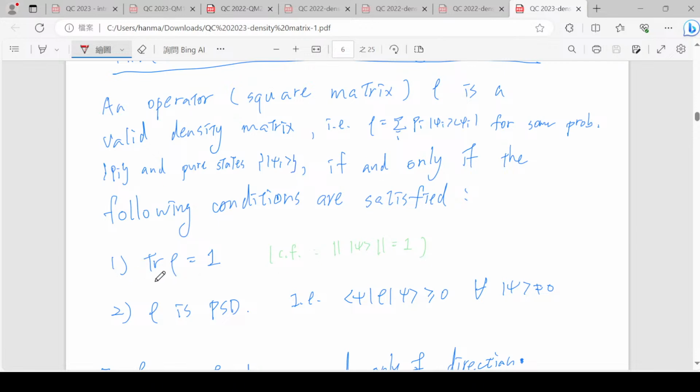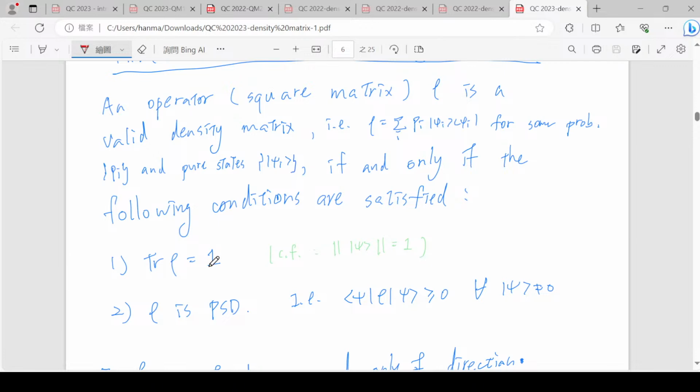The first one is like a normalization condition. Before, in the pure state case, we said that quantum states must be unit vectors. They need to have norm one. So the norm one condition changed to trace rho equals 1.